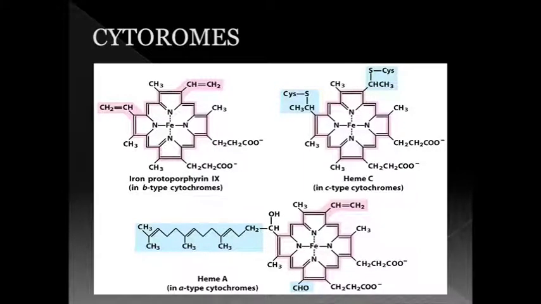Some cytochromes like cytochrome b, cytochrome c1, cytochrome a, cytochrome a3 are found as a part of integral membrane protein complexes, whereas cytochrome c is found as a small water-soluble protein.